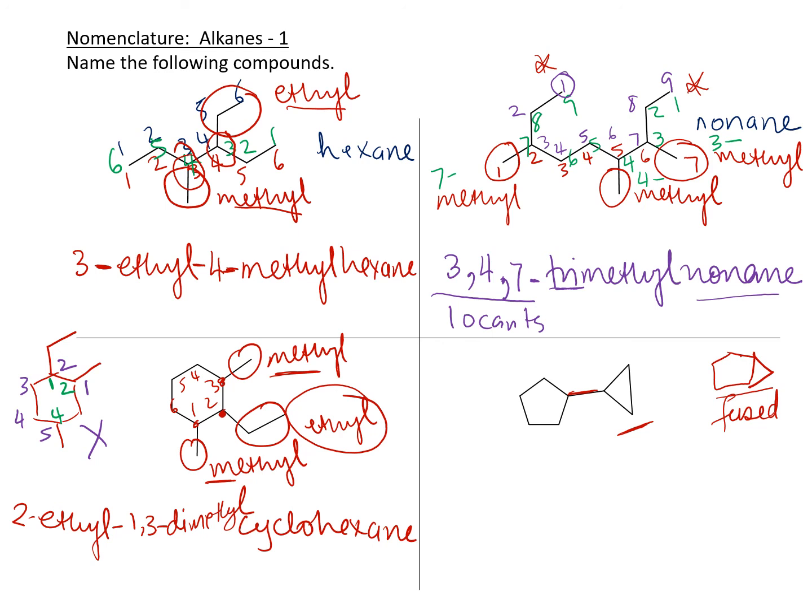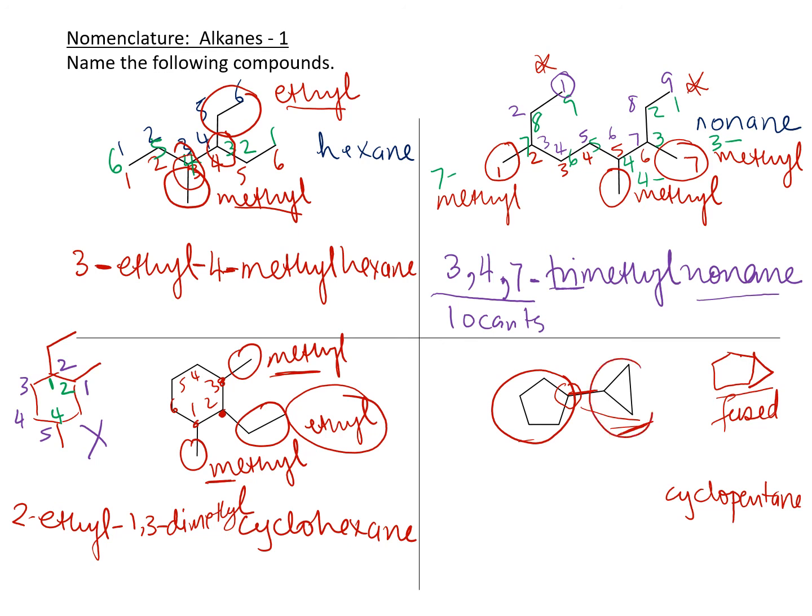So in any case here, if you have the 2 rings, your base name is going to be the one for the larger ring. The larger ring here is cyclopentane. Now you only have one substituent in there. If you have only one substituent, you don't have to worry about numbering it, because it's a ring. It can be anywhere. It doesn't matter.